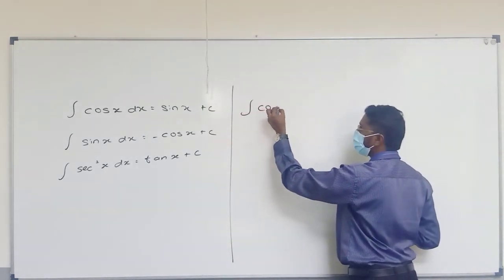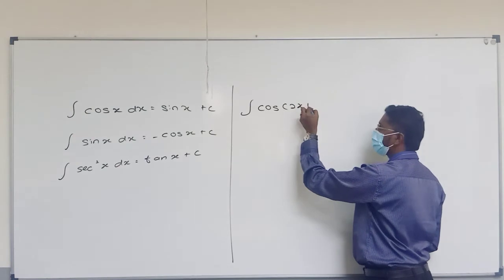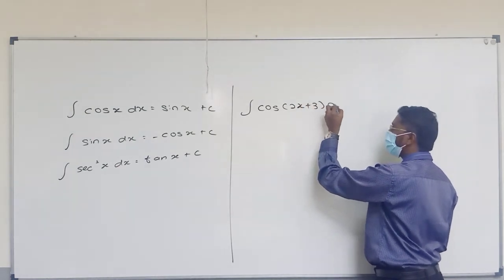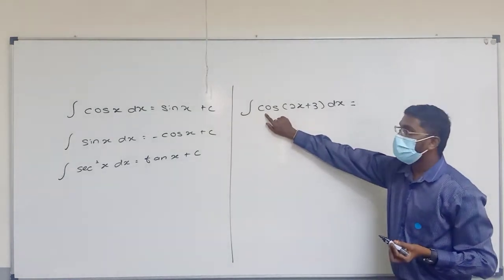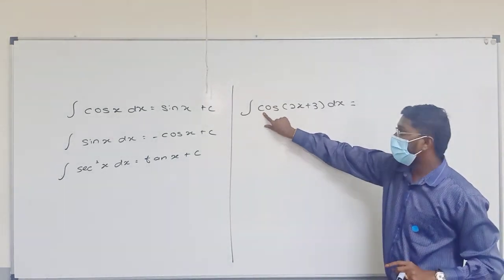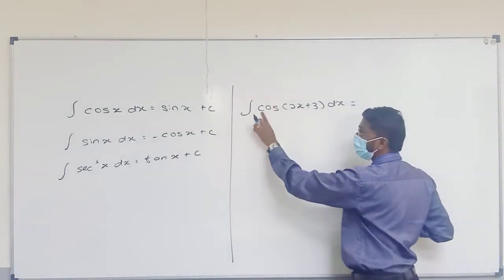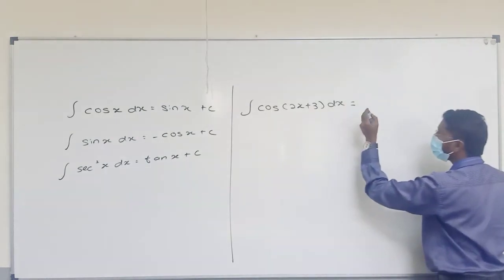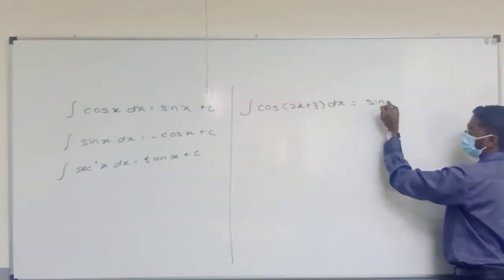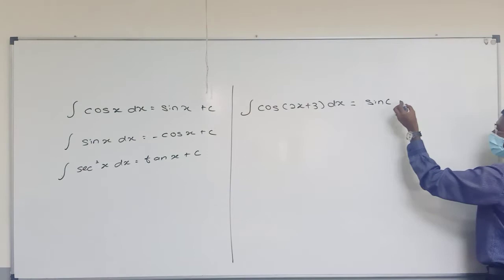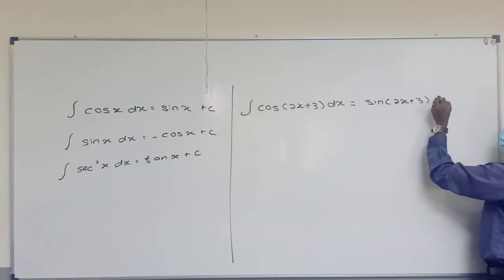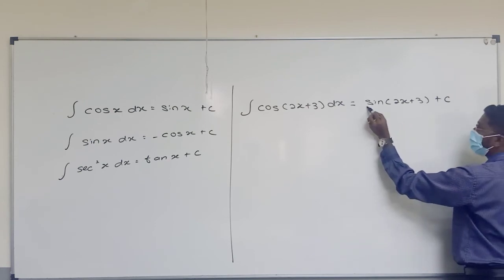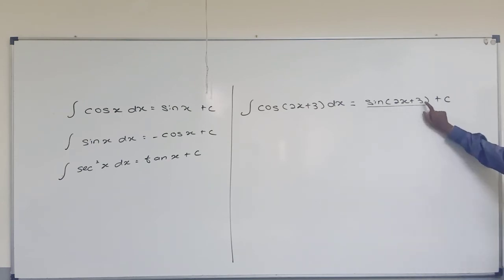The integral of cos (2x plus 3) dx. First we integrate the function, so you will get sin (2x plus 3) plus c, divided by the derivative of the inside, which is only 2.